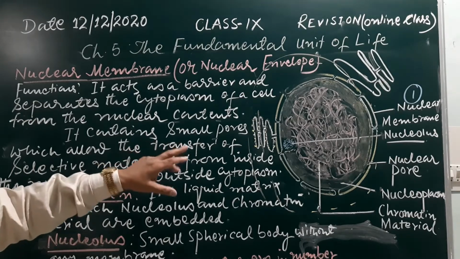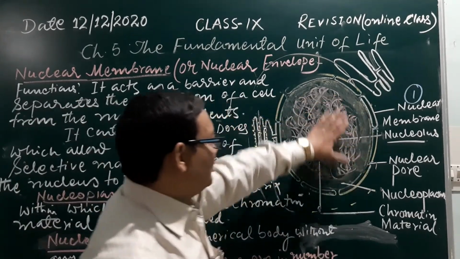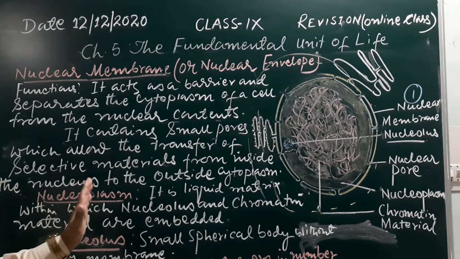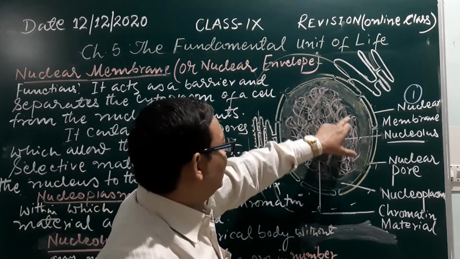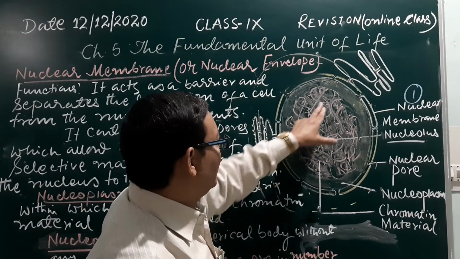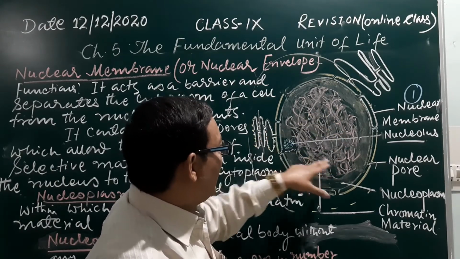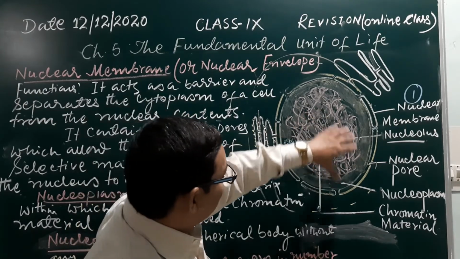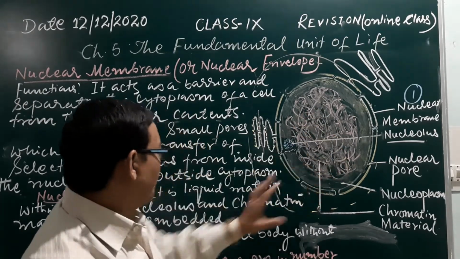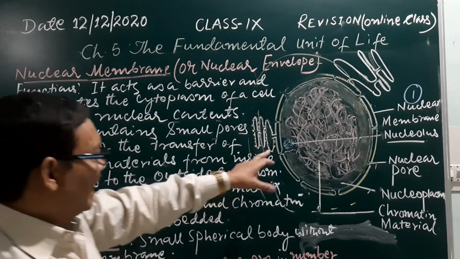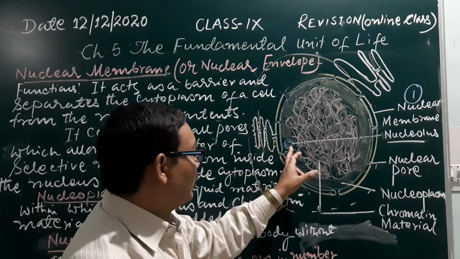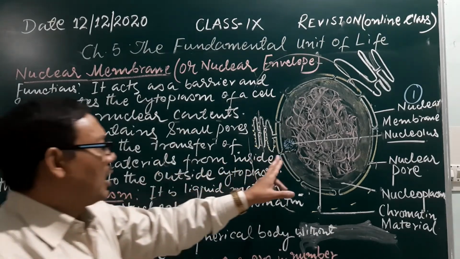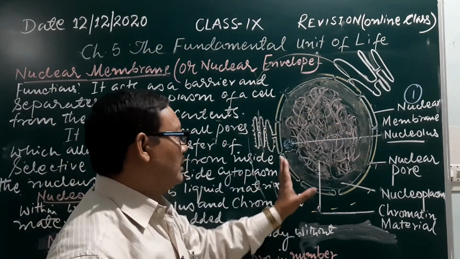You may also see here the matrix, the fluid part of the nucleus, within which there is the chromatin material. This is the chromatin material, intertwined entangled masses, thread-like structures which you may see here. And this is the nucleolus, which is present without any membrane on one side of the nucleus.